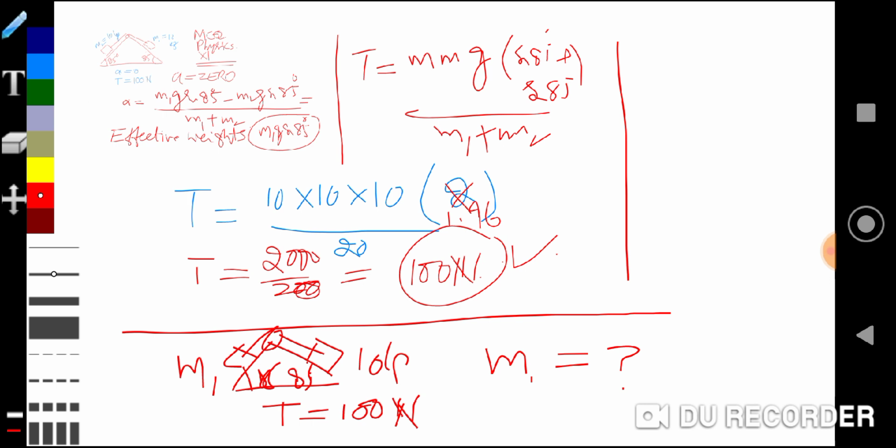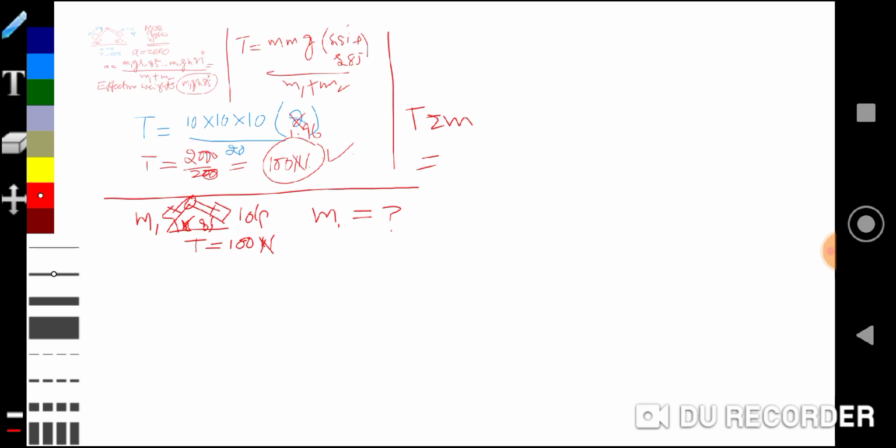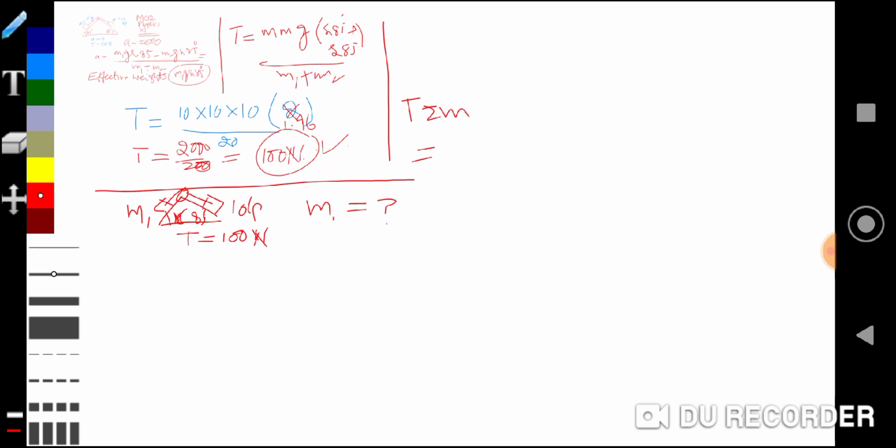Then easily you can find out the mass which is unknown. You can calculate this by using the formula T into the sum of masses.